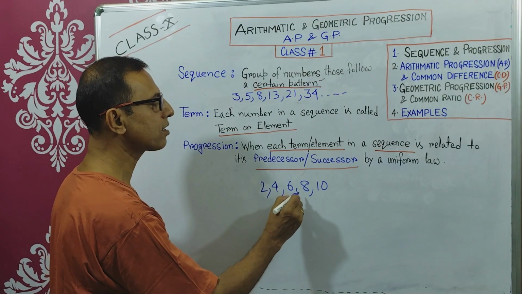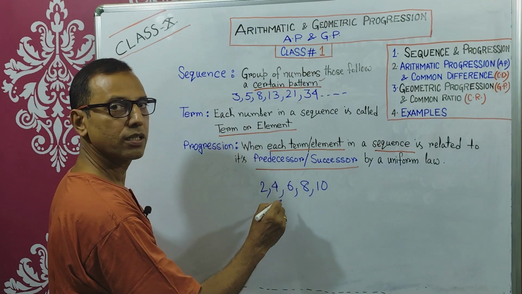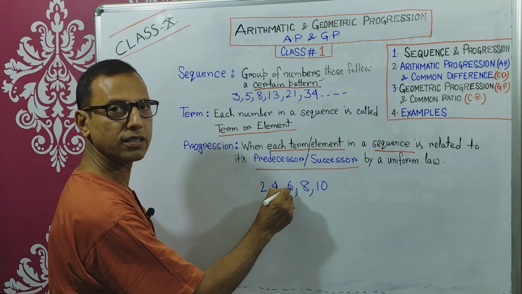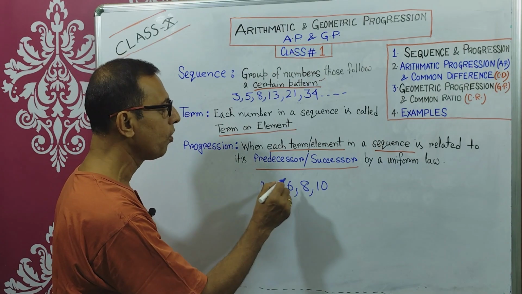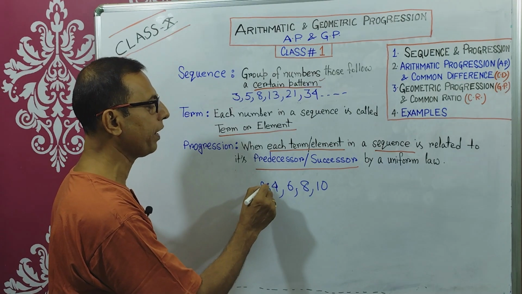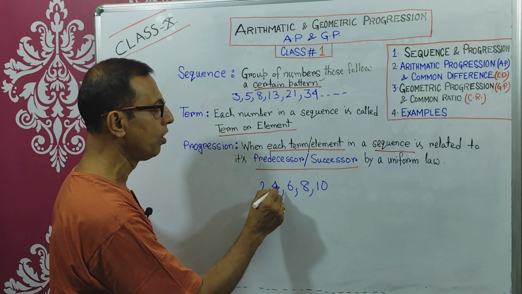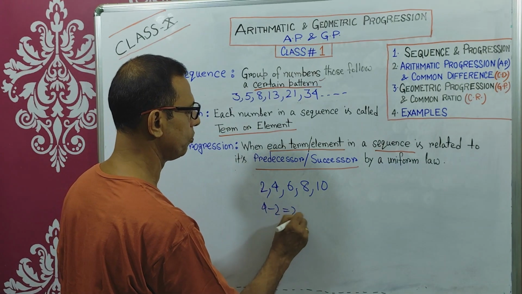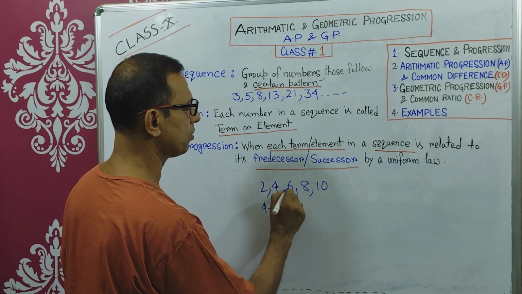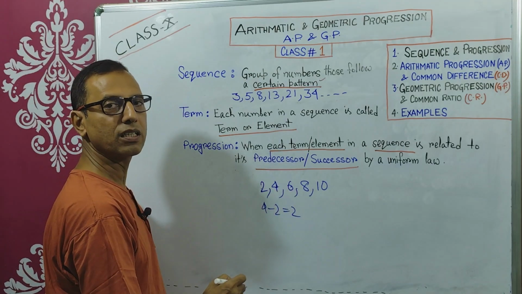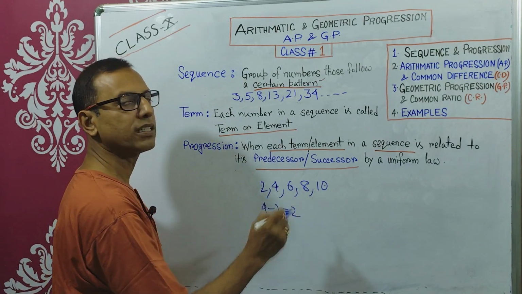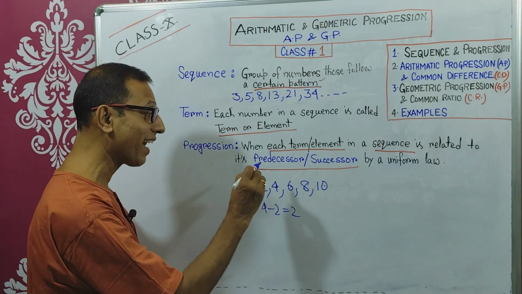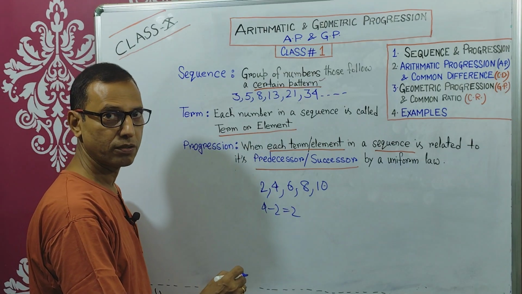It is a sequence in which each element is related to its predecessor and successor by a uniform law, where the difference between two consecutive elements is 2. 4 minus 2 is 2, 6 minus 4 is 2, 8 minus 6 is 2, 10 minus 8 is 2. So this is a sequence, but also a progression.